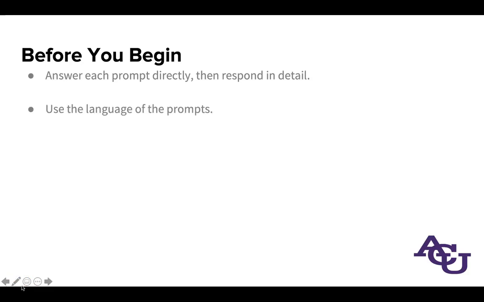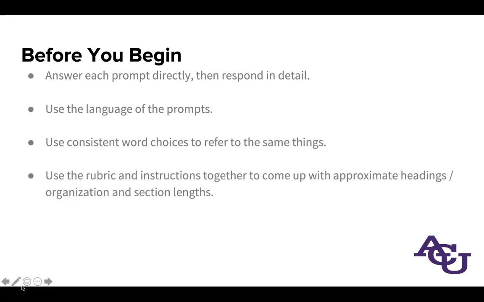All right, some reminders before we start the outlining. Make sure that you answer each prompt directly and then respond in detail. Make sure that you use the language and phrasing of the prompt so it's clear that you're responding to that specific prompt. And use consistent word choices to refer to the same things. This is going to come up especially when you're describing conflicts, to make sure that you are not confusing the reader about how many things are not working as well as desired.